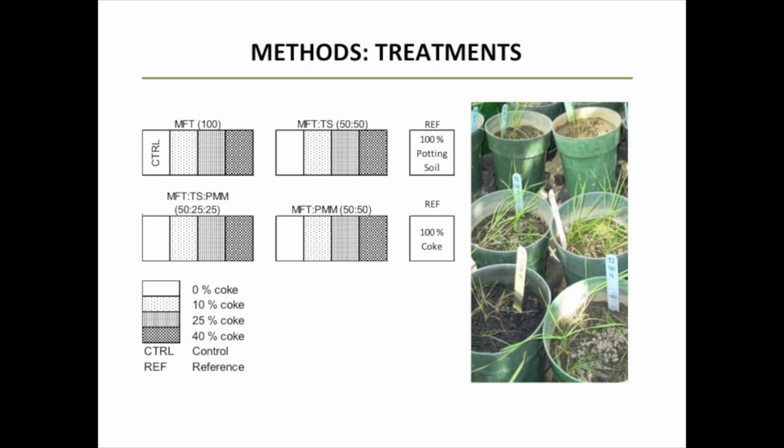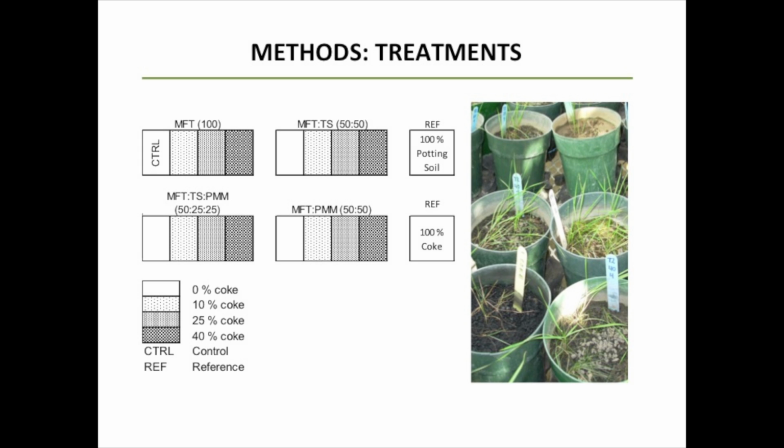We had four treatments of MFT: 100% MFT; MFT and tailings sand at 50 and 50%; MFT, tailings sand, and peat mineral mix in this proportion; and MFT and peat mineral mix in this proportion too. We had two reference treatments, 100% coke and 100% potting soil.